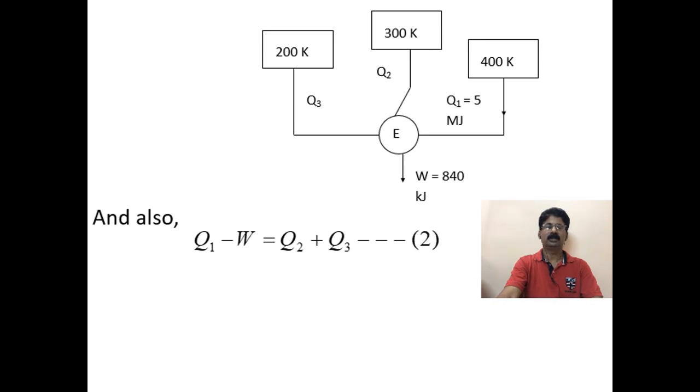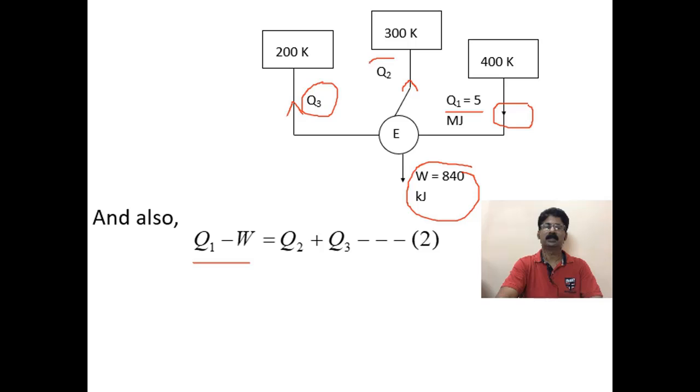Since we assumed a direction here, heat rejection to the 200 and 300 Kelvin reservoirs, one input Q1 is there, and it does 840 kilojoules of work. So Q1 is coming in and W is going out, so Q1 minus W is what it is rejecting to the 2 reservoirs, that is Q2 plus Q3.